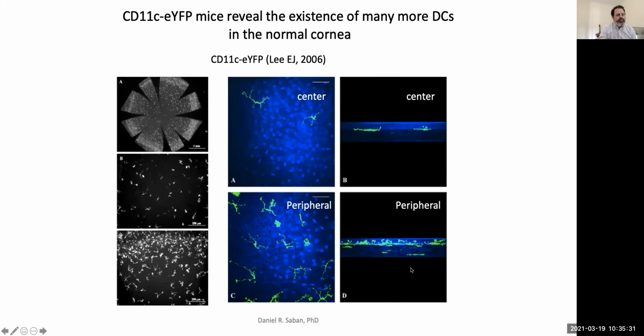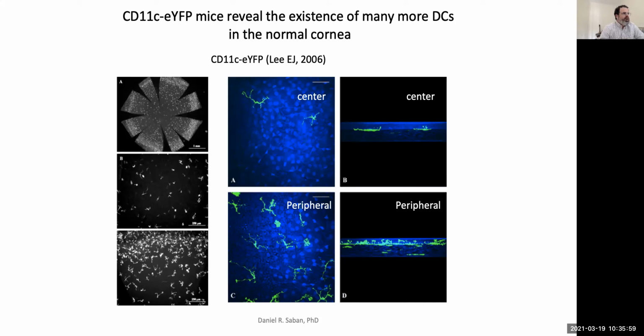The other argument was that because the cornea, for example in the epithelium, has tight junctions, maybe the problem was that the antibody was not really making its way into the tissue when they're doing immunolabeling. So now we're in the EYFP CD11c knock-in phase, or time frame of experimentation or toolboxes.